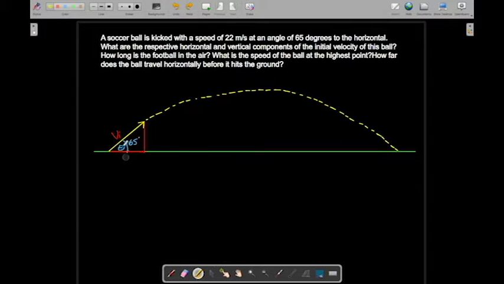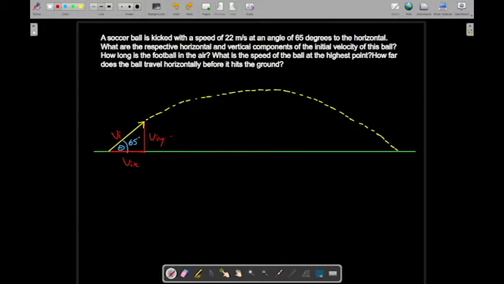So we need to signify that, and those are what these two sides are representing. I'm going to label this side right here as V initial X, and the side right there I'm going to call V initial Y. Our V initial X is our initial velocity in regards to the horizontal X axis, and our V initial Y is our initial velocity in regards to the vertical axis, the Y axis.